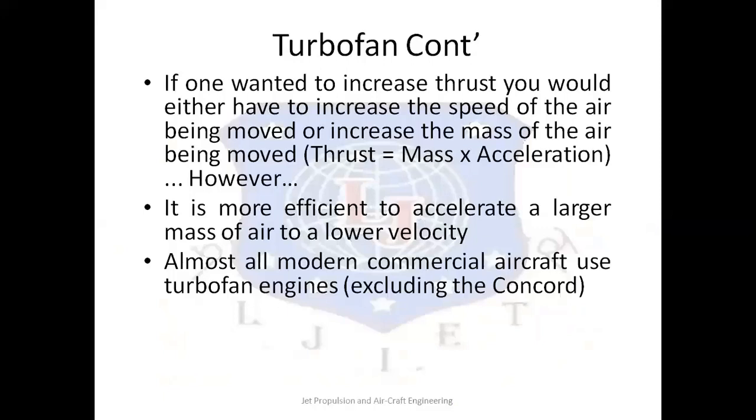So as we have seen already in the turboprop engine, if we want to increase the thrust, we need to work on both mass and acceleration, and therefore, if we are able to accelerate a large mass of air to a lower velocity, we should be able to get the higher thrust. So all the modern commercial flights work on these principles, and they employ the turbofan engine, excluding the Concorde plane.